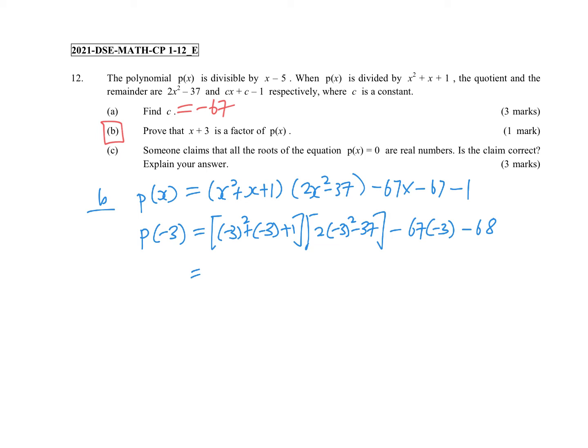So 9 minus 3 is 6, and 6 plus 1 is 7, times negative 19, and then plus 201, minus 68. Oh, really, it equals 0. So it's also double checking the answer from part A. So at the end, we can conclude x plus 3 is a factor of p(x). Okay, and then we get the only mark for part B.